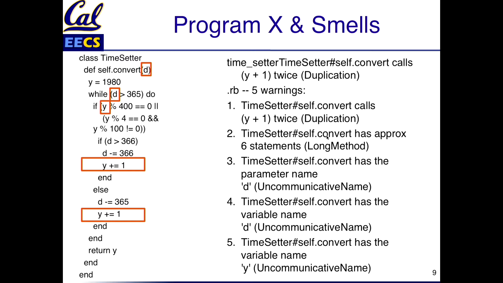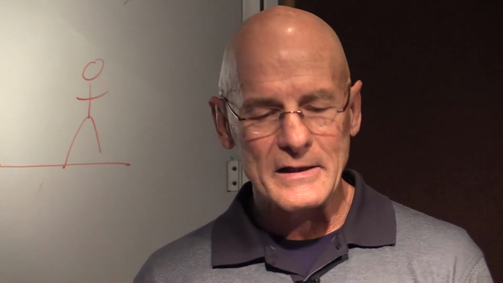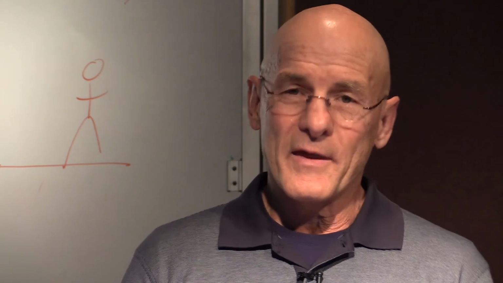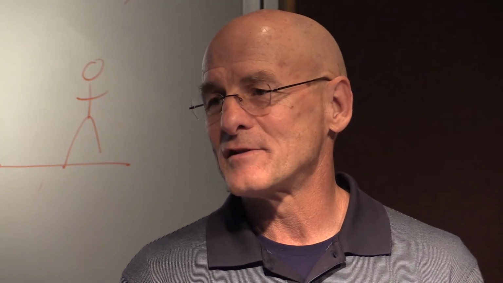So even for this, whatever this is, 15-line little method here, there's a bunch of things that Reek says smell funny. And again, if you weren't an English speaker or if you're using a Hebrew calendar or something, you wouldn't kind of guess what these numbers mean. So that's the qualitative judgment, and there's a tool to do that.